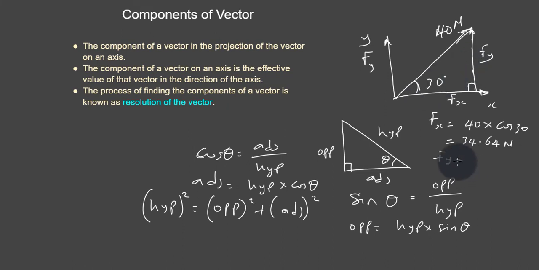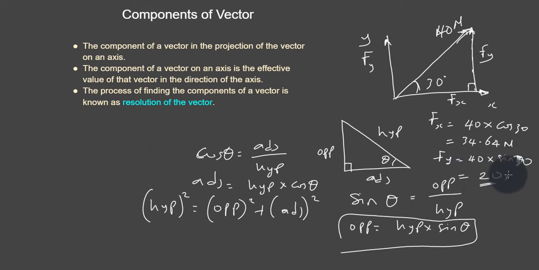So you can simply apply this formula here where you have opposite is hypotenuse times sine theta. So what's the hypotenuse? The hypotenuse is 40, then times sine theta, which is sine 30, right? And that becomes 20 Newton. So this is how you resolve a vector into the horizontal and the vertical components.